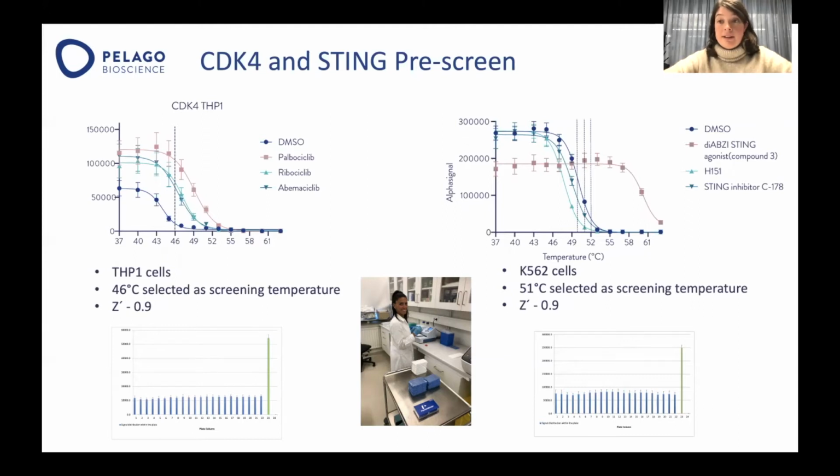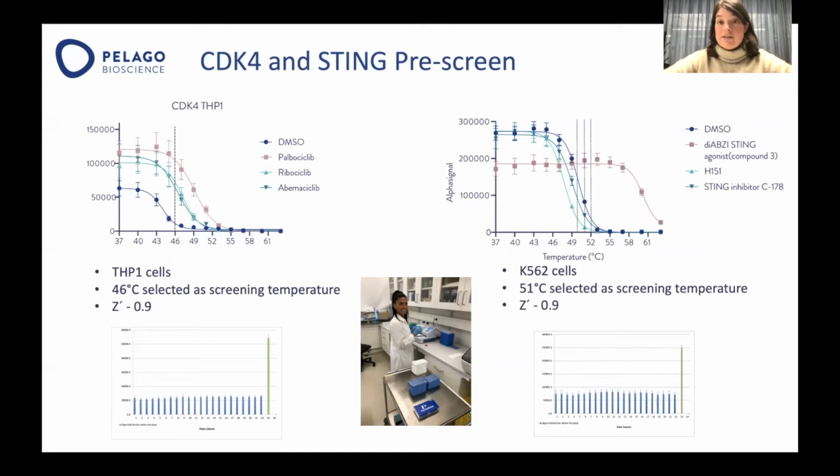For STING, we selected K562 as the cell matrix to use, and we included both agonist and antagonist as reference compounds.